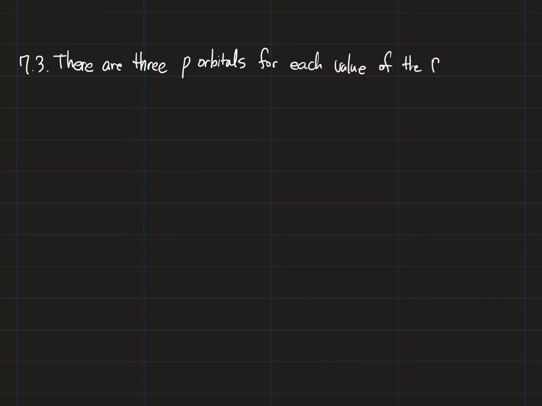Section 7.3 is about the p orbital. So the title is: there are three p orbitals for each value of the principal quantum number n equal or larger than 2.